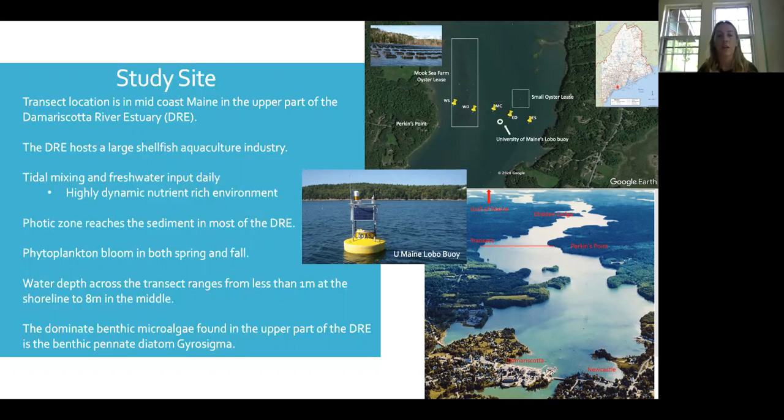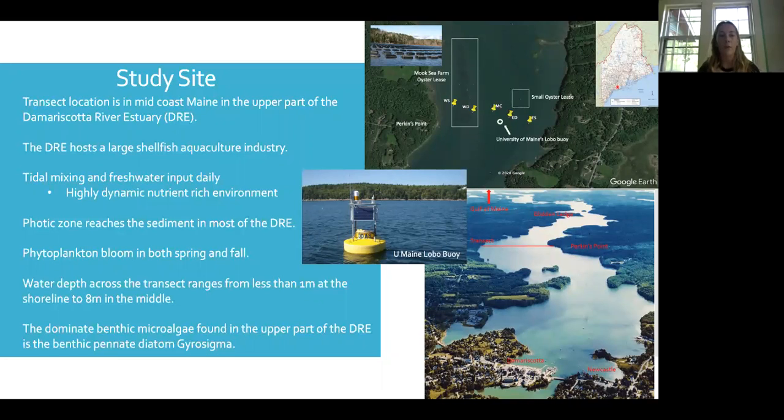It is the host of a large aquaculture industry for the state of Maine, and also is the location of the University of Maine's Darling Marine Center, which is their marine research lab, which is where I did my research out of. It is a highly researched estuary, but has had little benthic research into it.